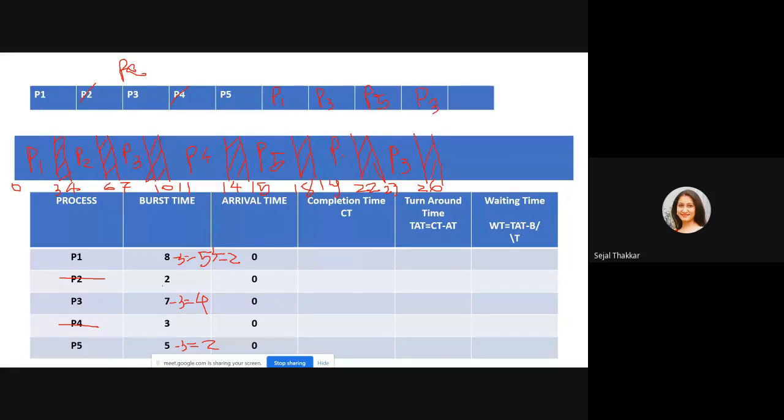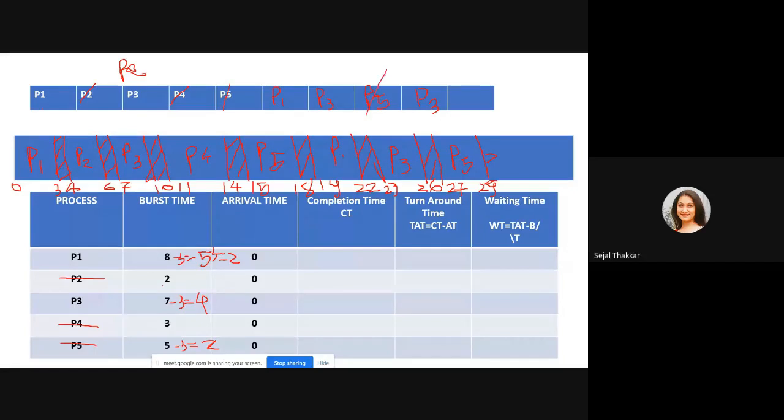So at 27, the remaining process P5 will come from the ready queue to the running state, and P5 has only 2 units of execution left, right? So at 29, P5 will complete its execution. Now P5 is completed, and it is removed from the ready queue.